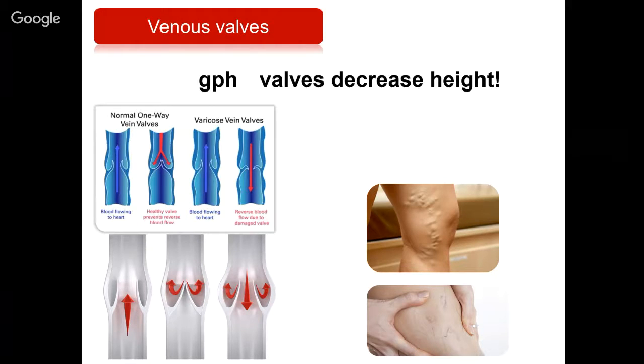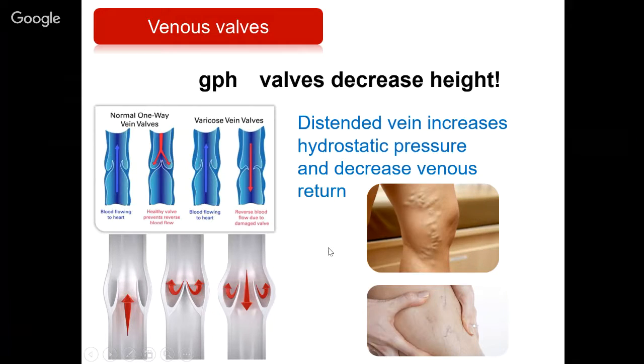And if that one fails too, then the column gets even bigger as each valve fails, and thus it starts to bulge because the pressure goes up. So as we said here, the distended vein increases hydrostatic pressure and decreases the venous return. Thus the blood is hanging out in the vein, and the vein starts to pop.